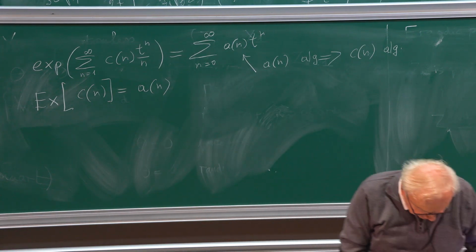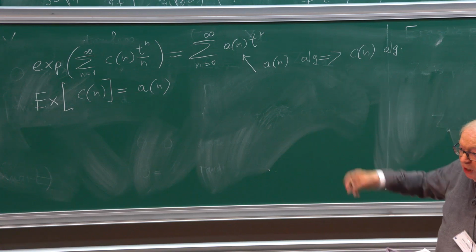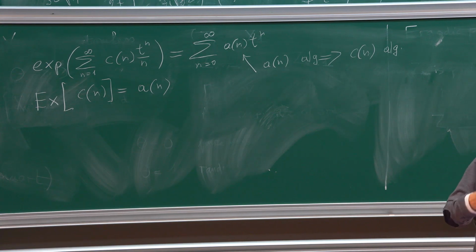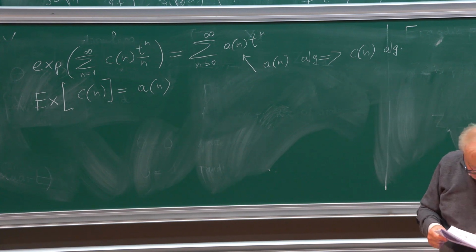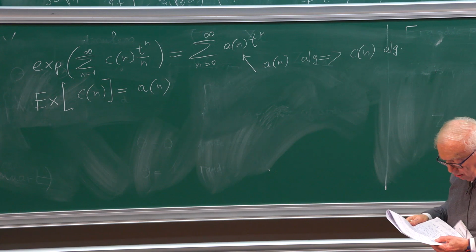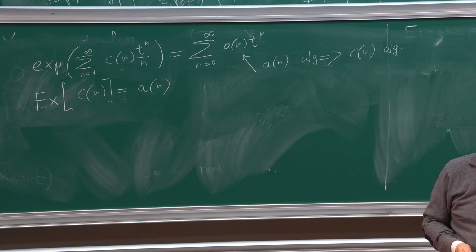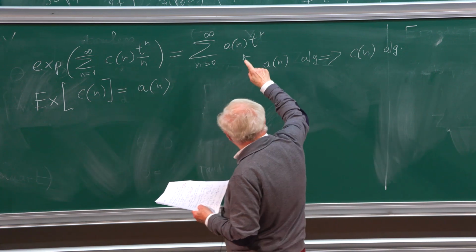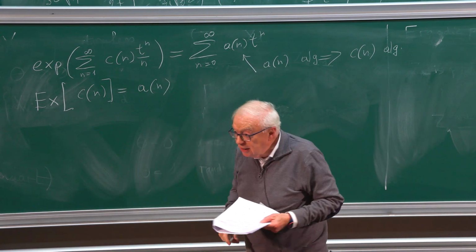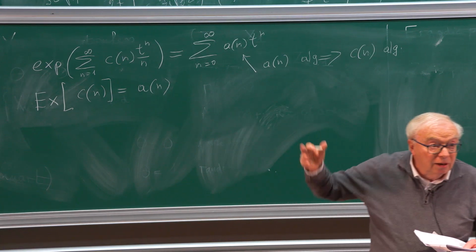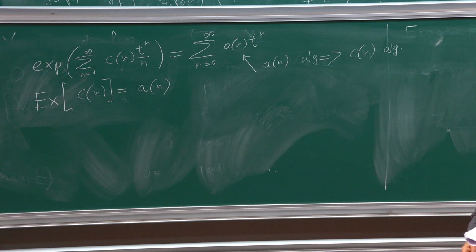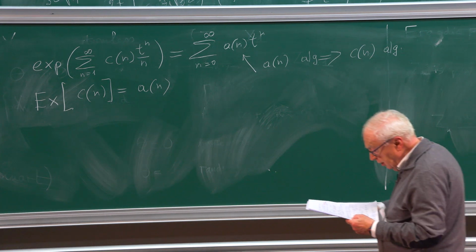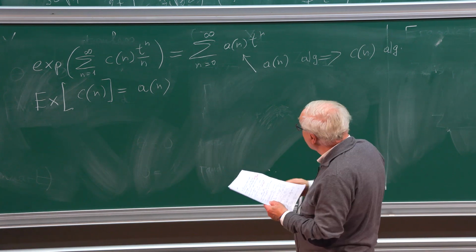And I have looked at this formula from a very primitive point of view. Namely, I wanted to choose some very well-known formulas for c of n, and I wanted to see what it results in if we substitute for a of n simple formulas. And I give you some examples.